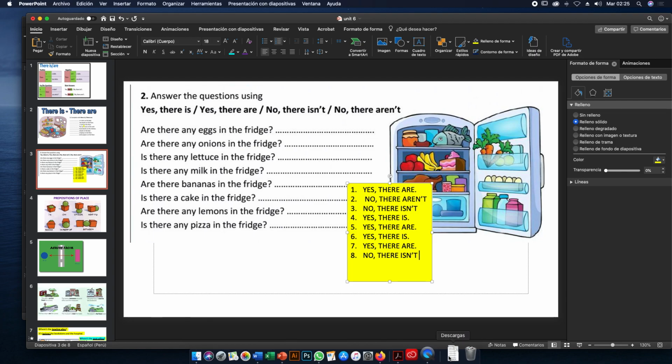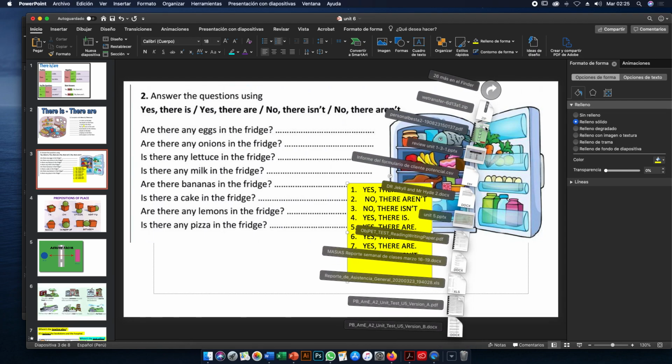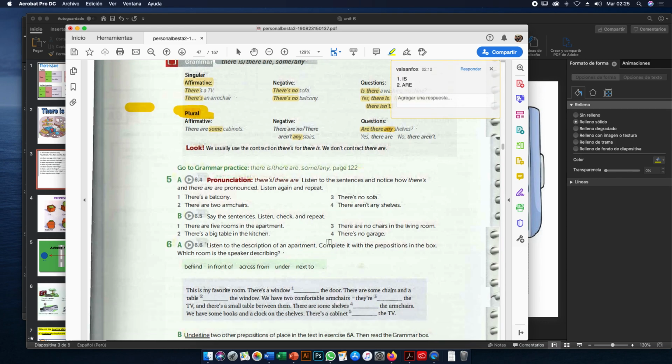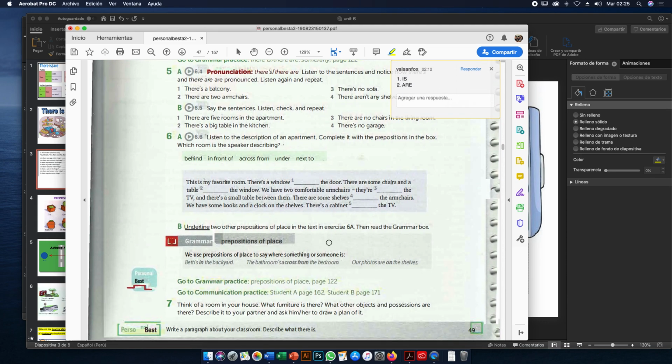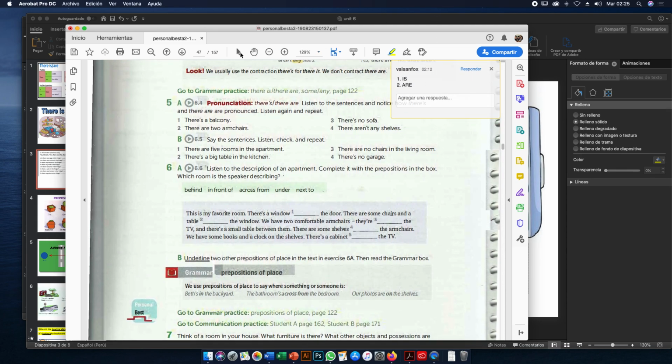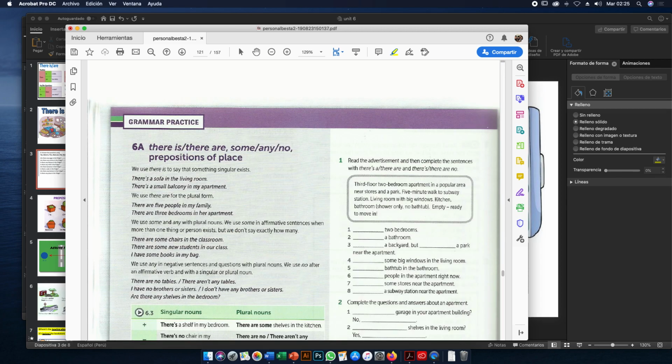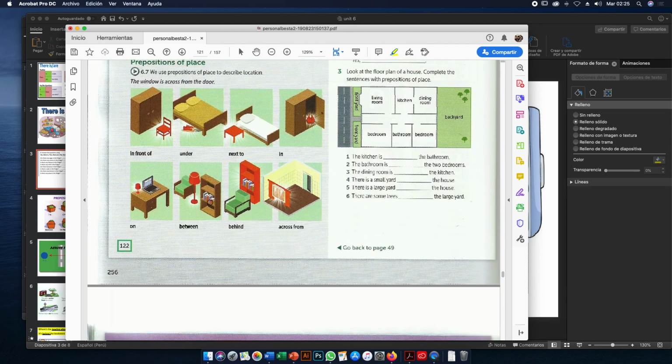All right. Now, if you look at your books, there is an exercise on page 122. Go to page 122, please. Yes, perfect.